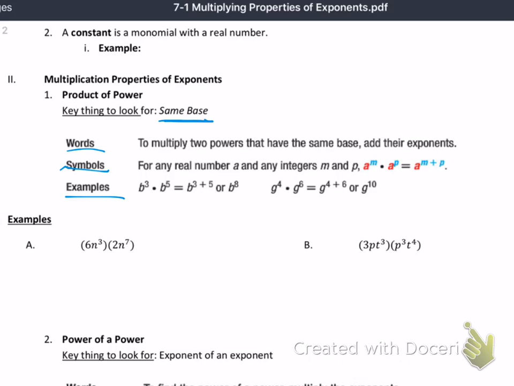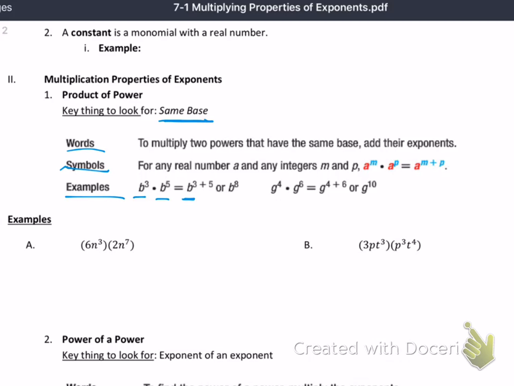The product of a power is saying that when you have 2 things being multiplied and the bases are the same but the exponents are different, you add the exponents. So here you have b cubed times b to the 5th, and that property gives just one of the bases, b, and then you add the exponents, 3 plus 5, so b to the 8th.